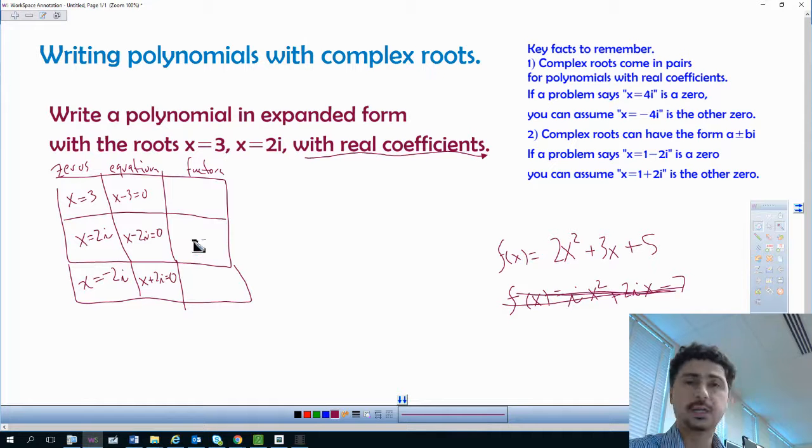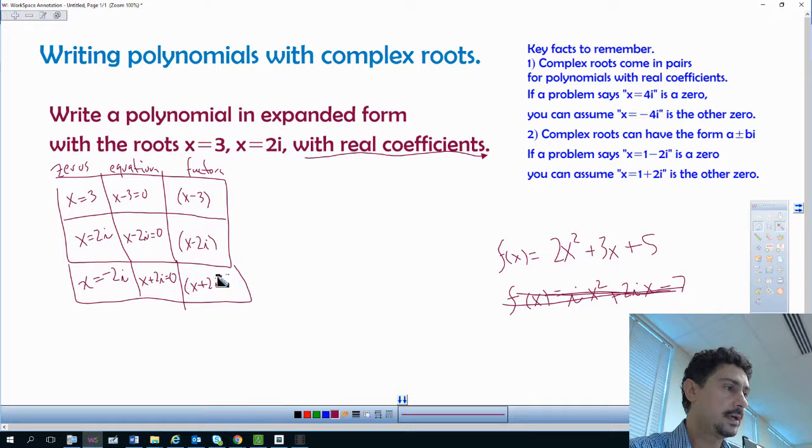There's nothing new here. You're just moving the number to the other side and changing signs, and you're getting the factors x minus 3, x minus 2i, and x plus 2i. Now the trick is when you do the multiplication.